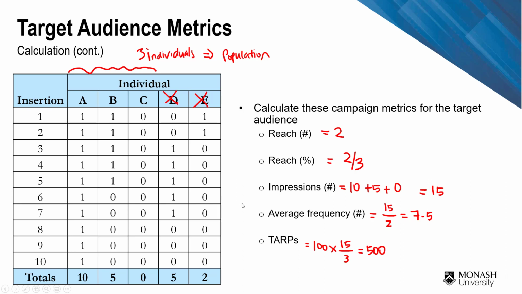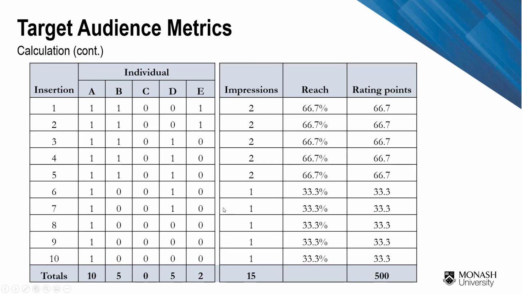You can also calculate your TARP, or the targeted audience rating points, through this method as well, which is to calculate the insertions. In this case, again, we are not going to care about individual D and individual E. We are only going to focus on A, B, and C. So there are 2, but the rating point of that will be 100 times 2 over 3. That will give me 66.7%.